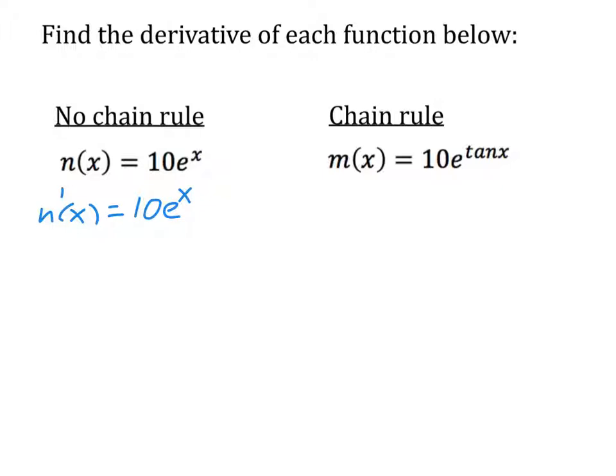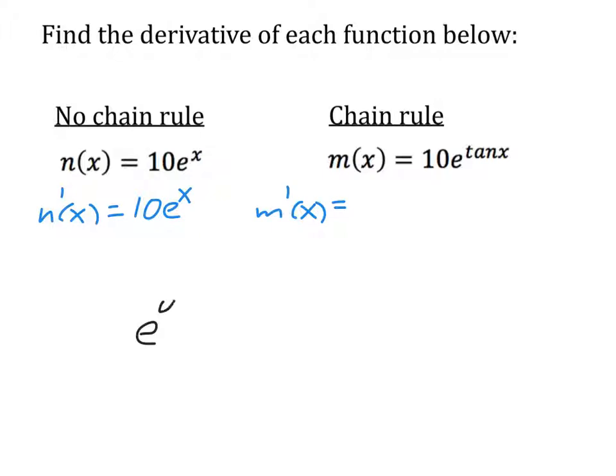So, in order to find m prime of x, we need to first figure out what's the inner and what's the outer function. And this is also a great example about where, for some of you at least, u substitution can be a good way to look at it. Because if I'm looking at this function, it's normally e to whatever it is.